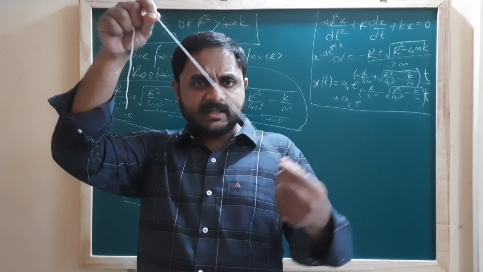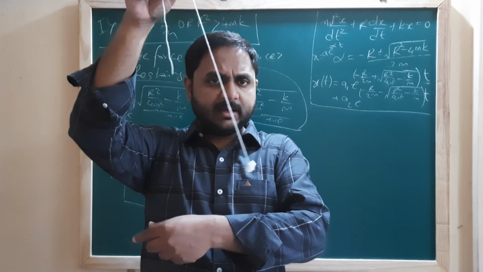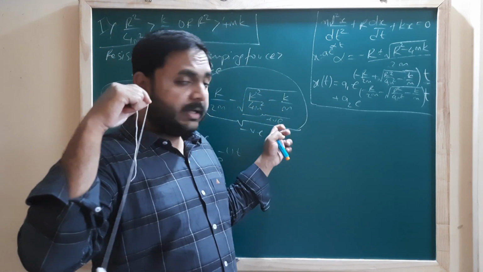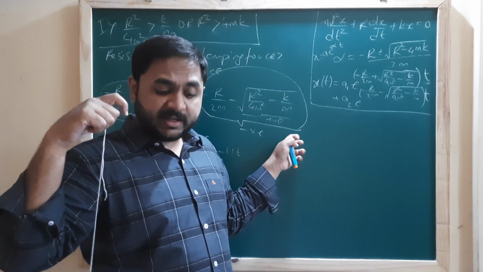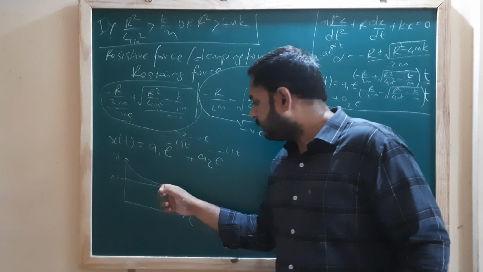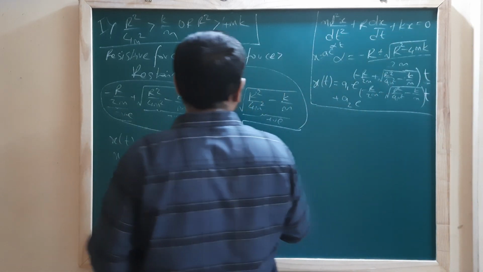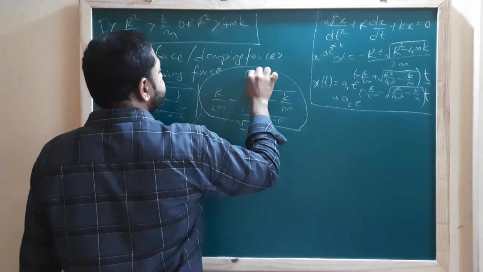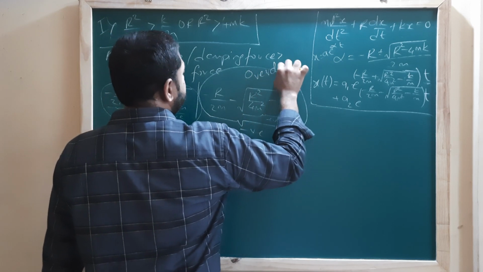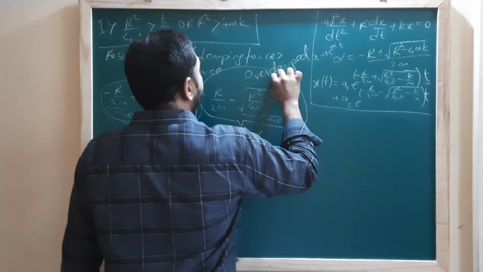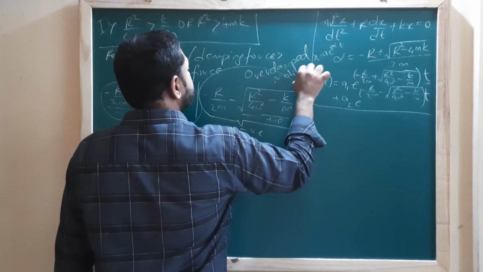Now air is very less viscous, so you see it coming back very quickly. But in reality, when you have a very viscous medium, it will take a long time to come back to its mean position. This particular case is called overdamping. Overdamped motion.